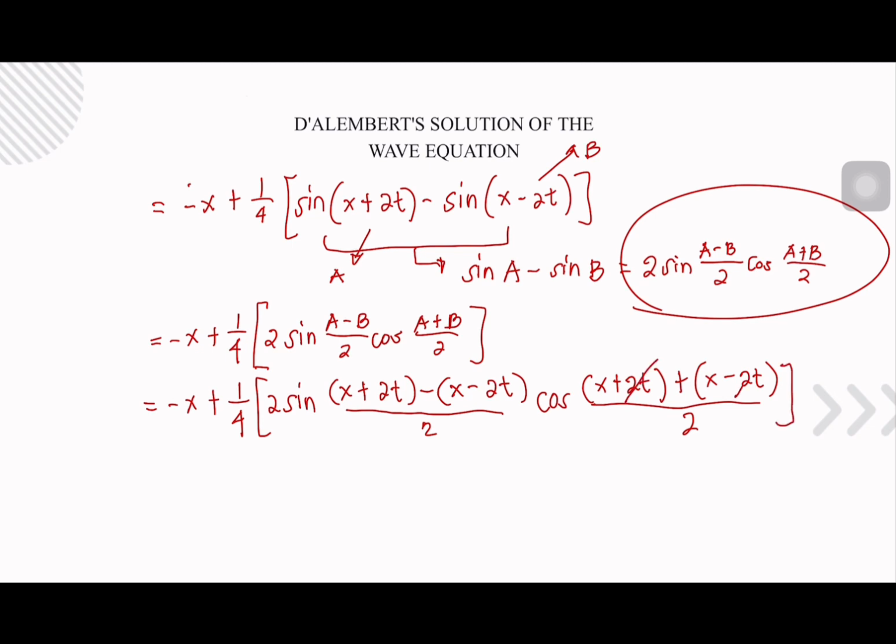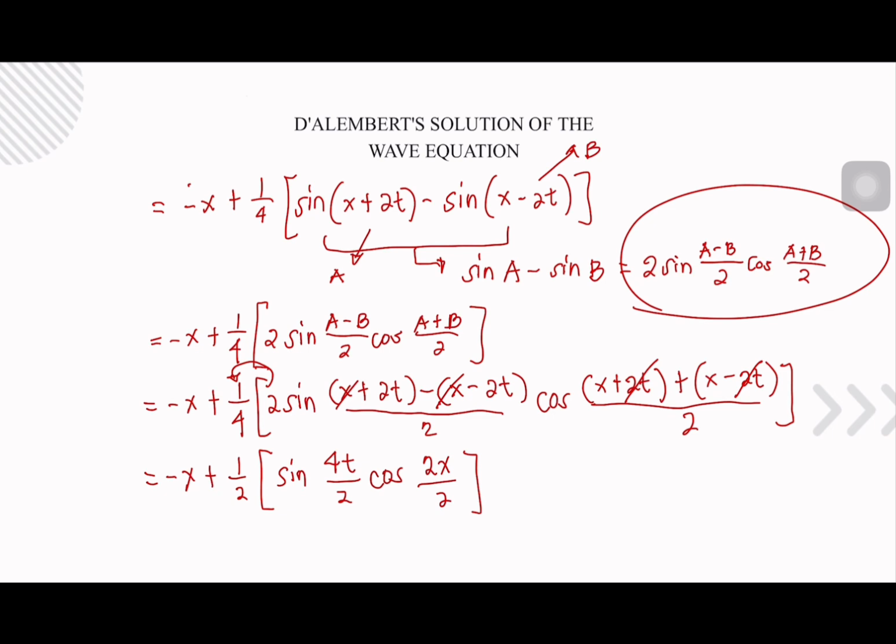Cancel the 2t and x, equals negative x plus, factor out the 2, which becomes 1/2 of sine 4t over 2, cos 2x over 2.